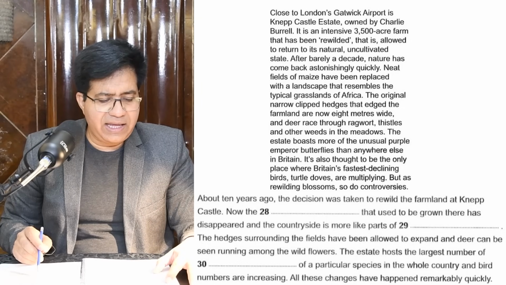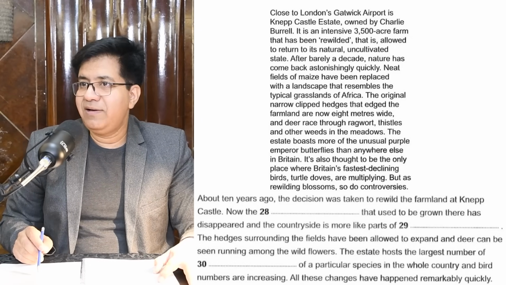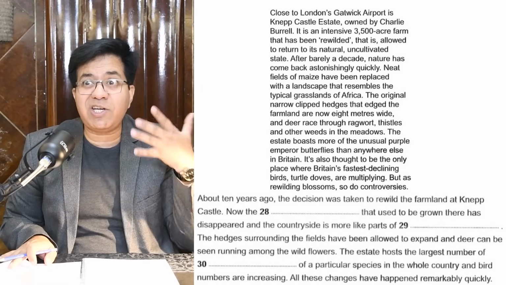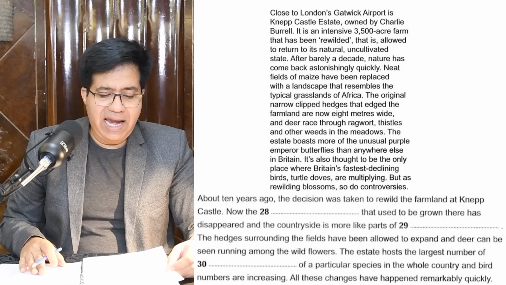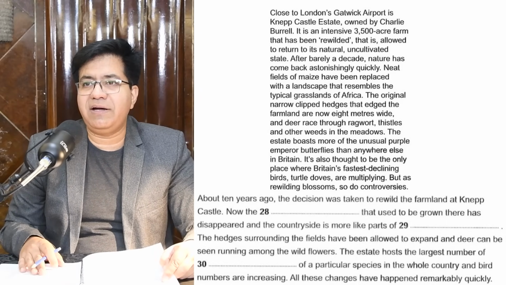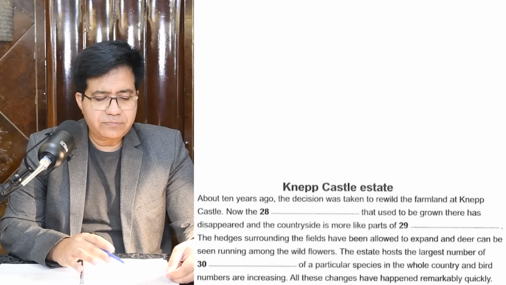After barely a decade, nature has come back astonishingly quickly. Neat fields of maize have been replaced. When something is replaced, it is no more. So what is the answer? Answer is maize. And for disappeared, what is the word? Replaced, absolutely. Correct answer is maize.